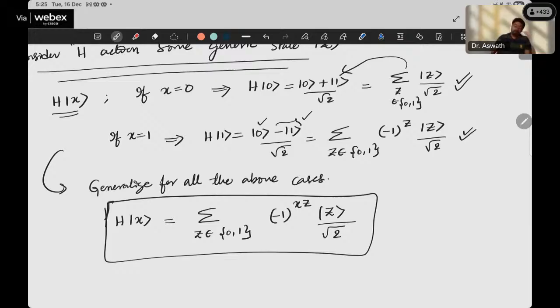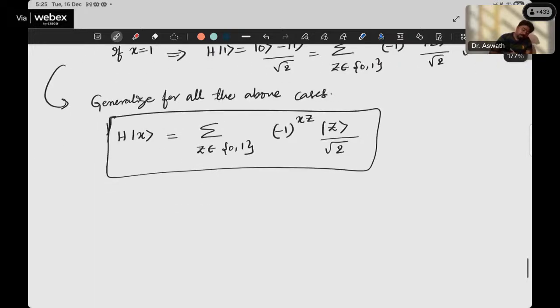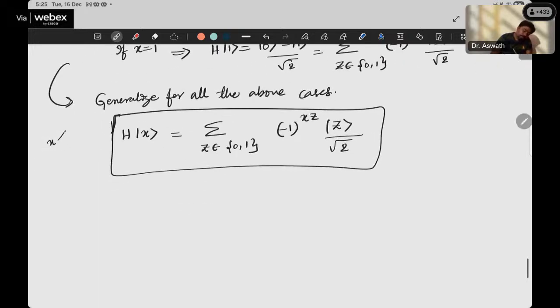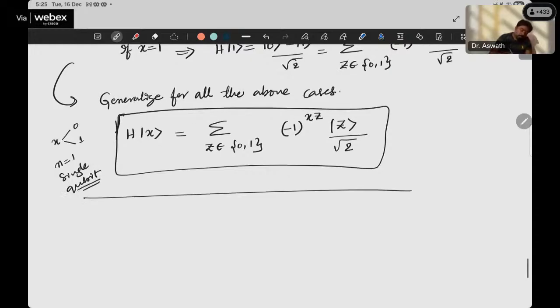Now, the question is, this is for only x being either 0 or 1. That is the n equal to 1 single qubit case. Now, for n equal to 2, that is the 2 qubits case.